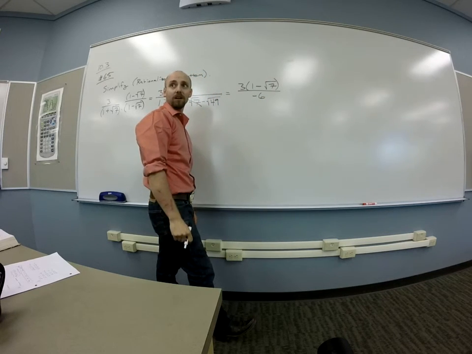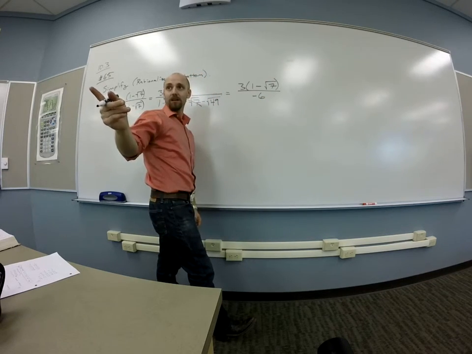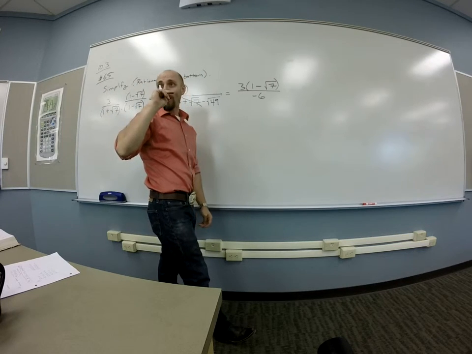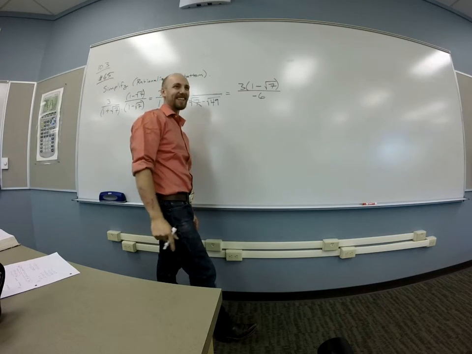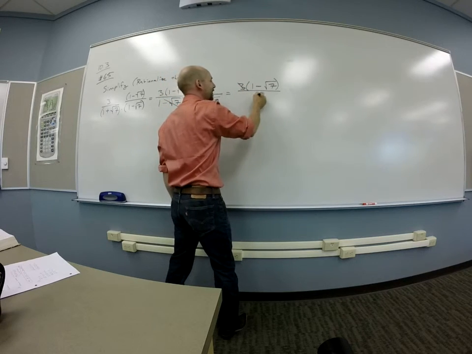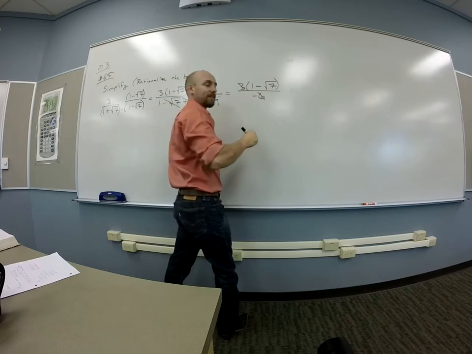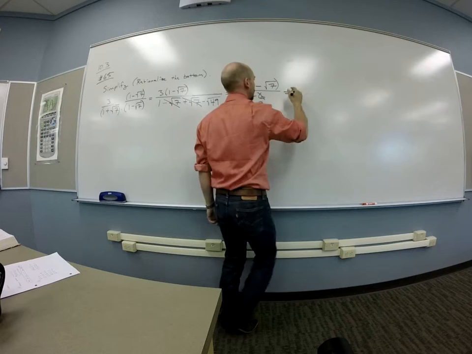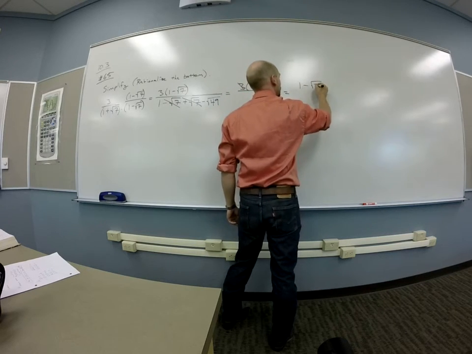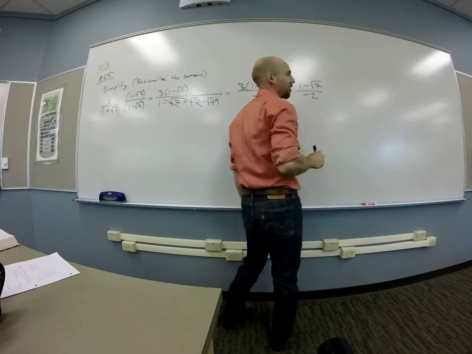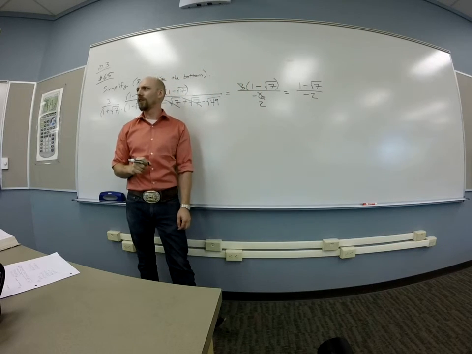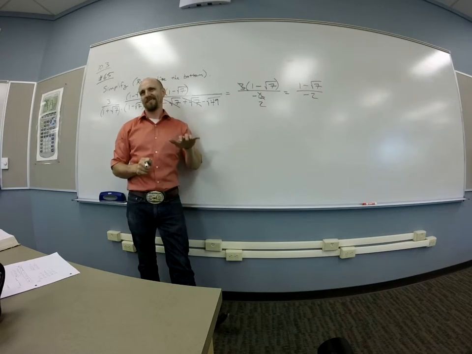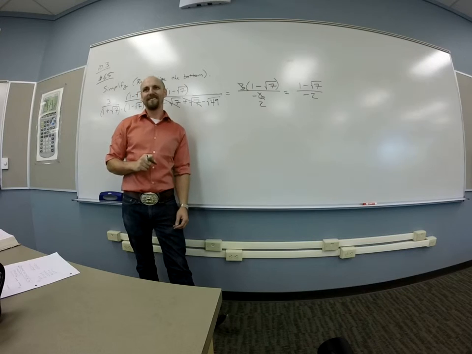Now, can you distribute or cancel? We could cancel the 3. So if I cancel the 3, what am I left with on the bottom? 2. So I get 1 minus root 7 over negative 2. Is this simplified fully? Yes, as far as we want to go.